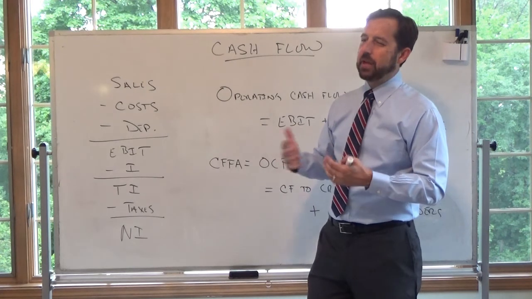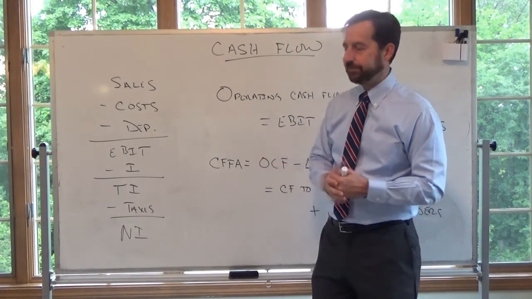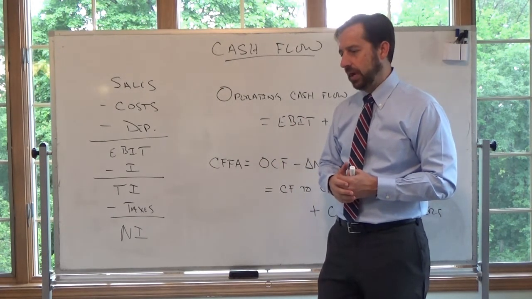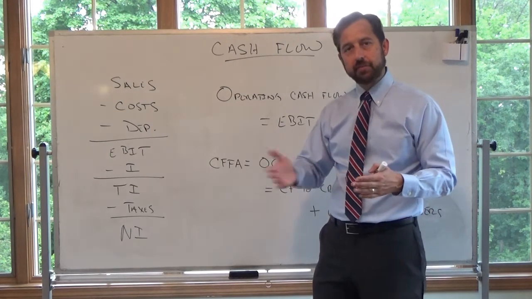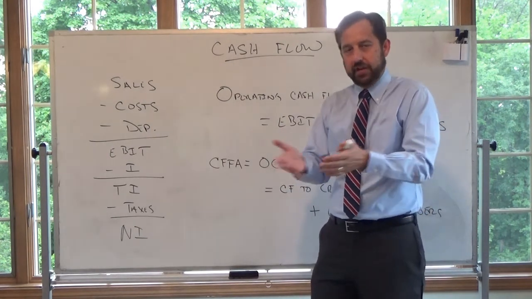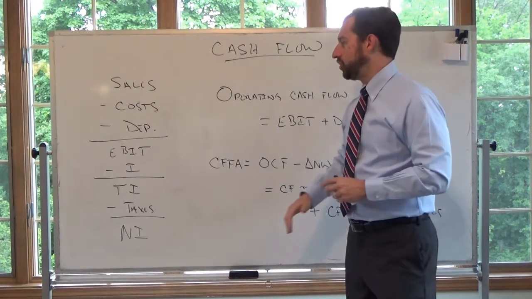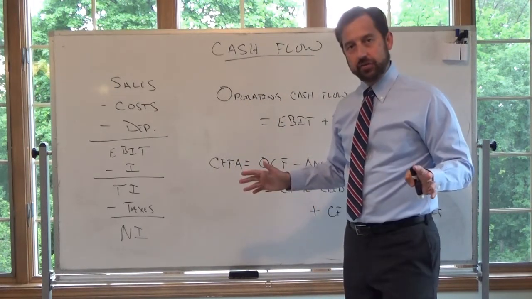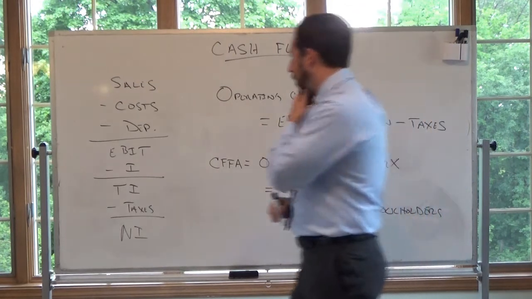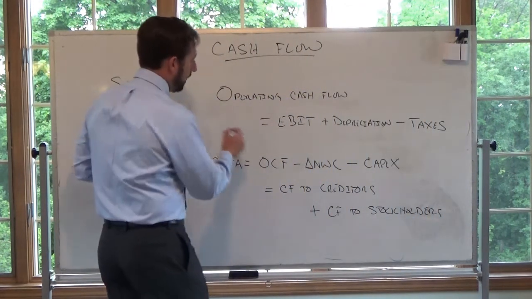If you let my financing affect the cash flow, well, financing is very easy to change. I can change my capital structure much more easily than I can change operational efficiency, right? So, long story short, never deduct interest, right? Good. So this is what we're going to generally use, operating cash flow.